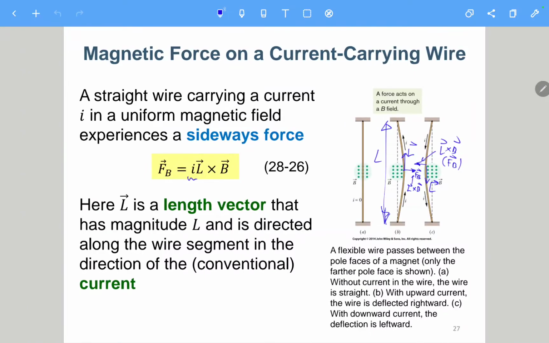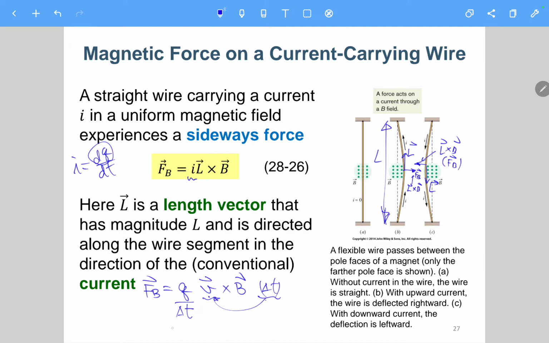When we consider the Lorentz force, it is F_B equals q times v cross B. Here we know that I should be dq/dt. So we divide by delta t, and then also multiply by delta t to the v. v times delta t is like the displacement.